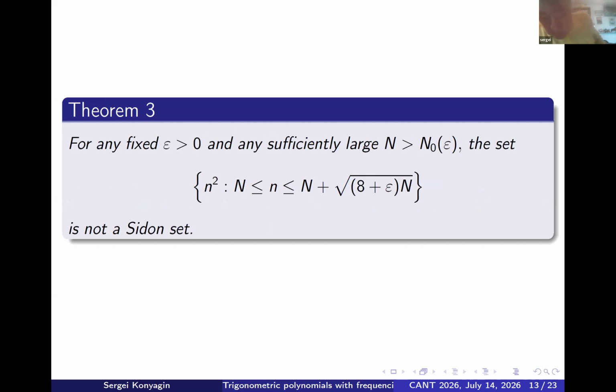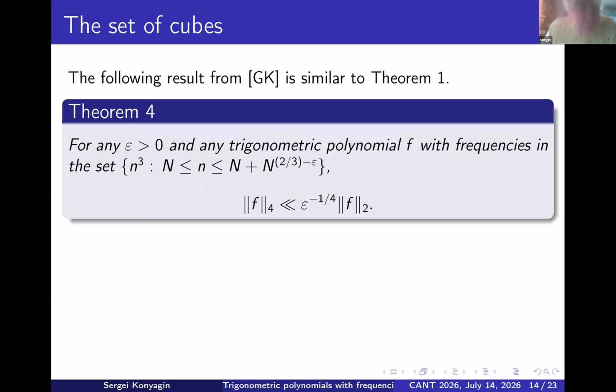Also, as for the second part of theorem 2, I said that there are some capital N for which the set is not a Sidon set, but we can also say that for arbitrary epsilon greater than 0 and for any large capital N, this set is not a Sidon set. So theorem 2 is optimal in this sense.